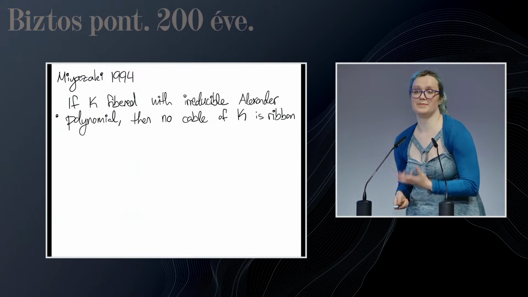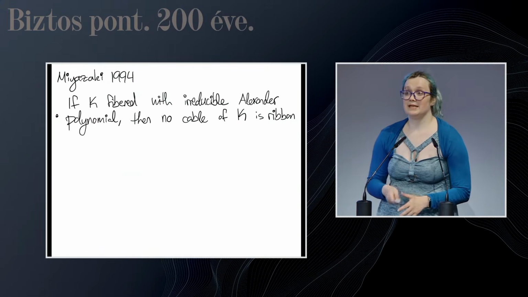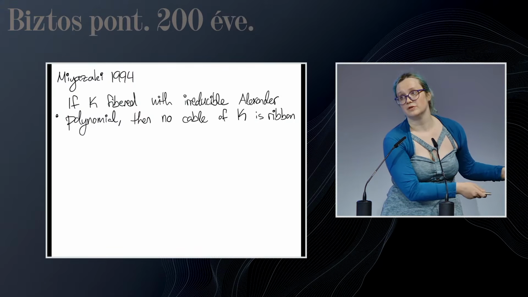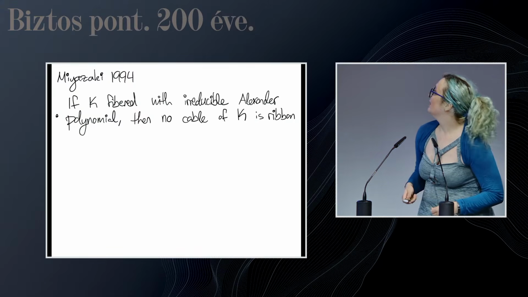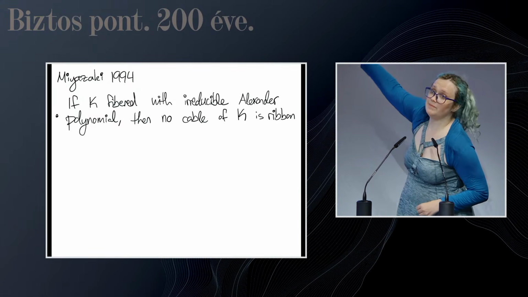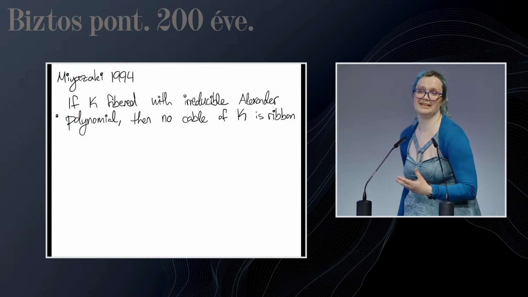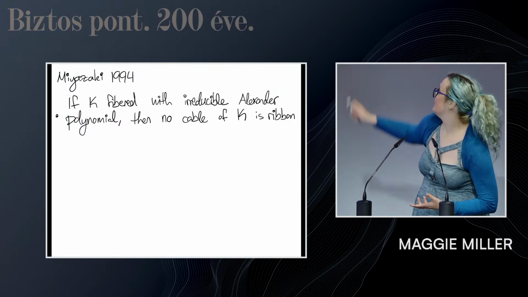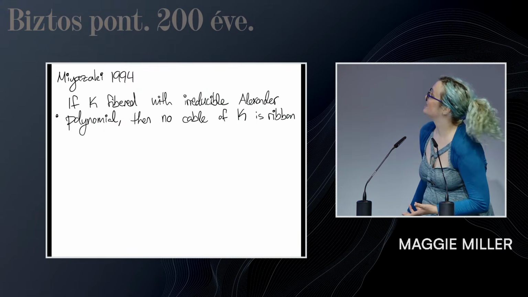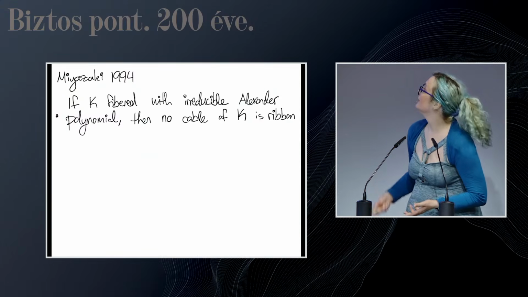If you have a fibered knot, the cables are still fibered, and I can understand, in the case of a cable, what the monodromy is in terms of the initial monodromy of the knot. He boiled it down to a very simple condition: irreducible Alexander polynomial is enough to obstruct that extension. I think this is a really nice result because it's easy to apply and I don't have to think that hard. And it's easy to think of interesting fibered knots with irreducible Alexander polynomial.